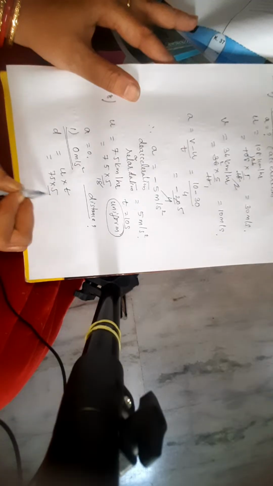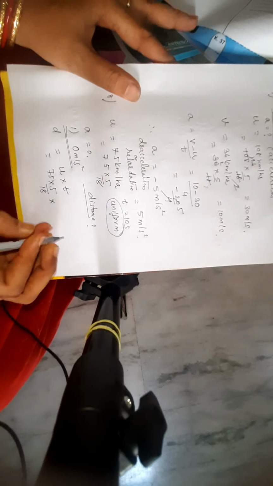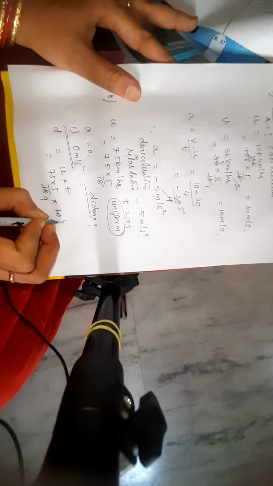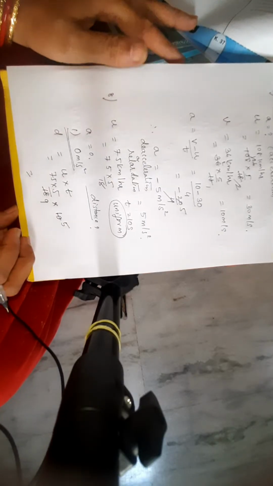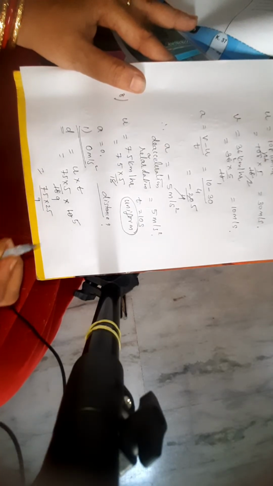Here the speed is 75 multiplied by 5 upon 18, which we converted into meter per second, and then multiply by 10 as time is 10 seconds. Now cancel it out. By calculating all these values, you can get the distance. Now multiply 75 with 25 and whatever answer you are getting, divide it by 90. So that will be the distance traveled.